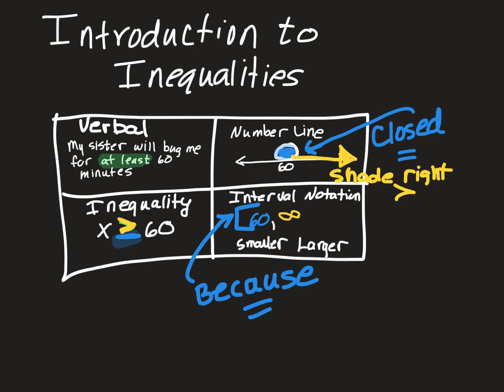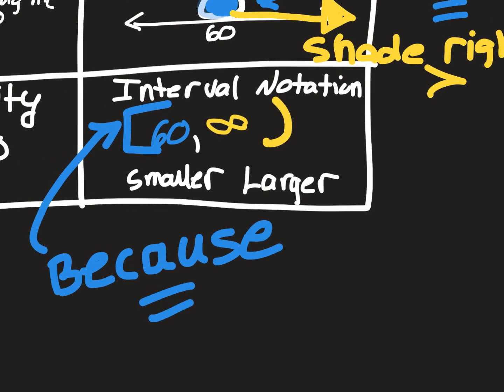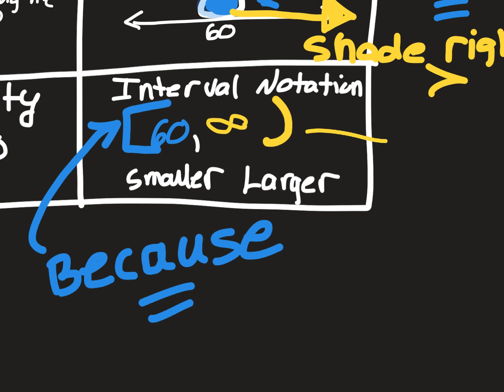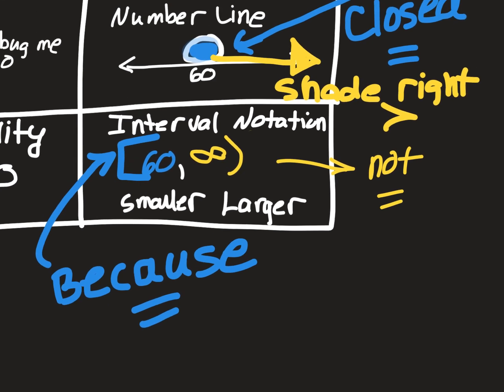So you are going to use a parenthesis, just a round, soft parenthesis, because it's not equal to. You can't have something equal to infinity because infinity is not a real number.